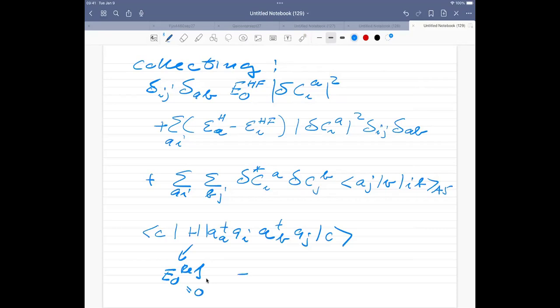Then let's now look at the one-body term, because that's also quite interesting. Let's now just write it out without all the summations and all the integrals, just to make life a little bit easier.